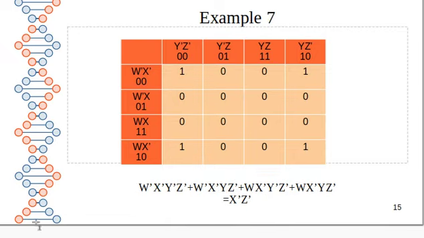Now example 7. If we roll the map we can see that these four values will be side by side like a quad.